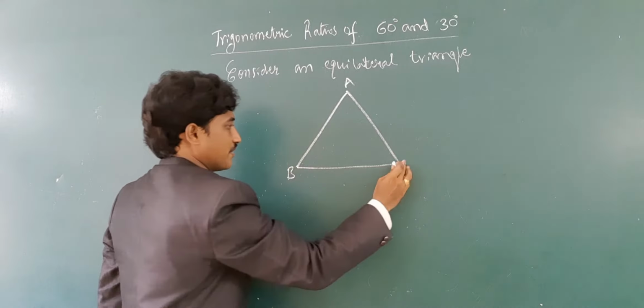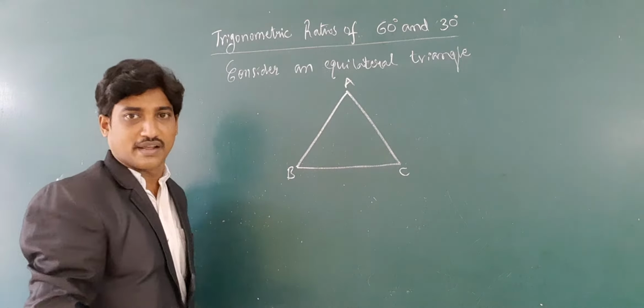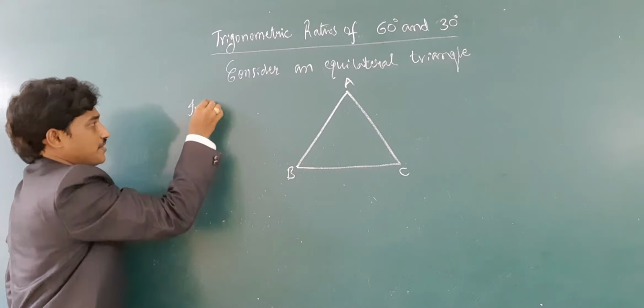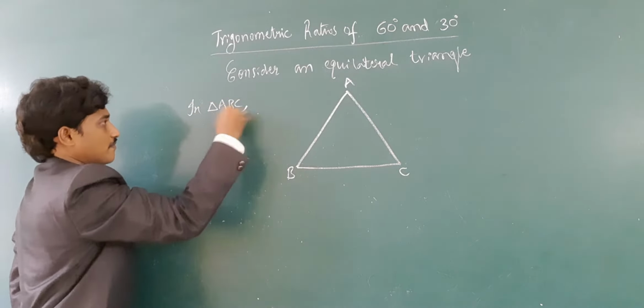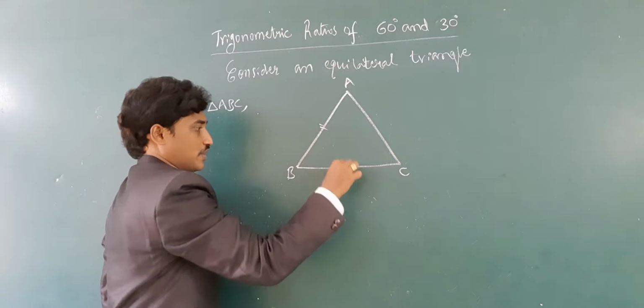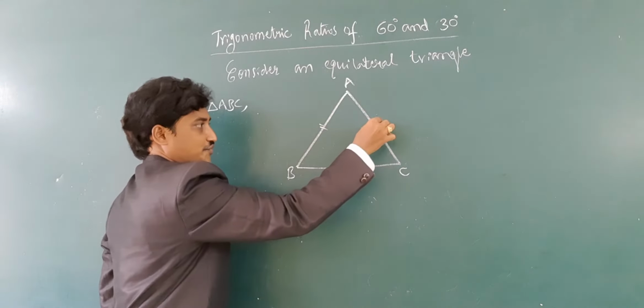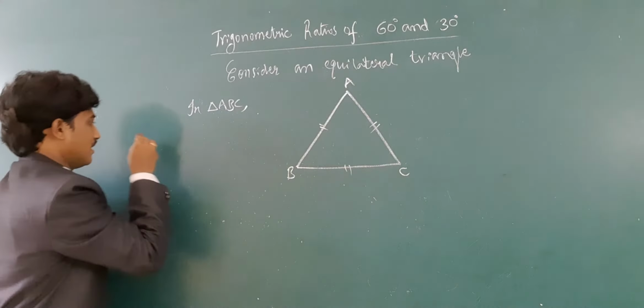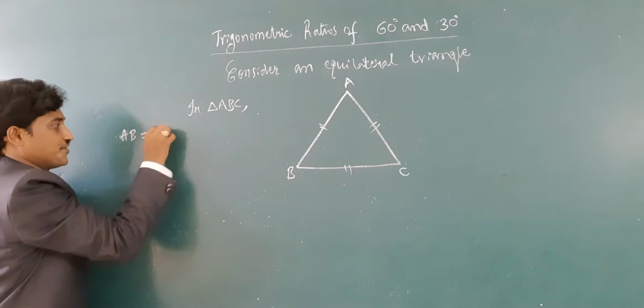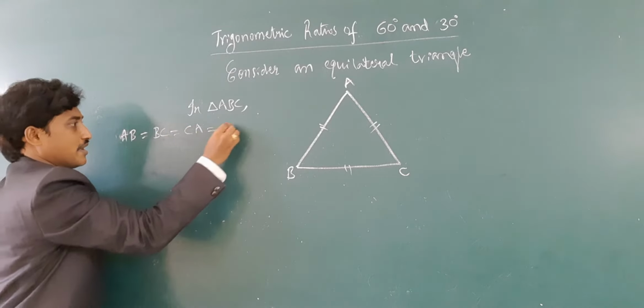In triangle ABC, the length of AB is equal to the length of BC, equal to the length of CA. Let AB = BC = CA = A units.